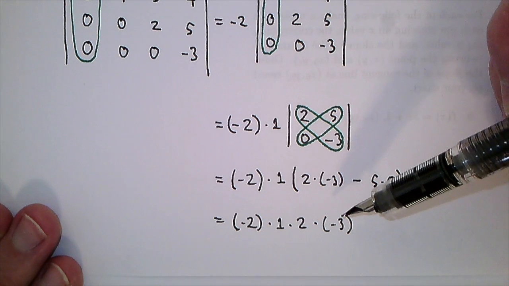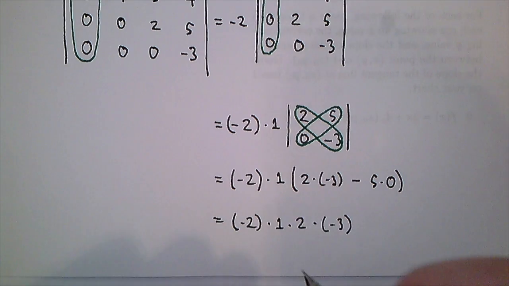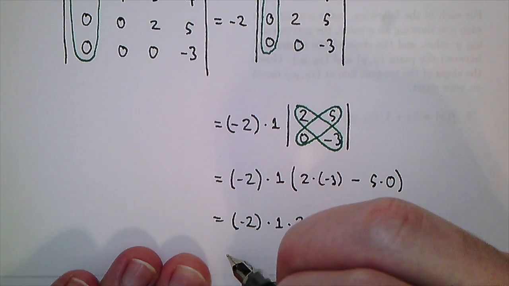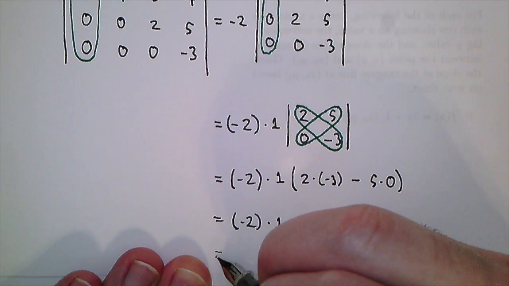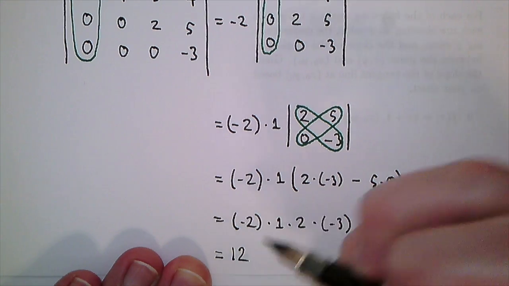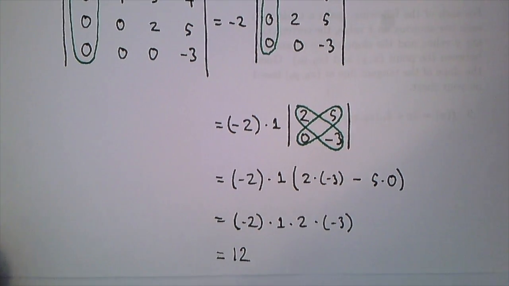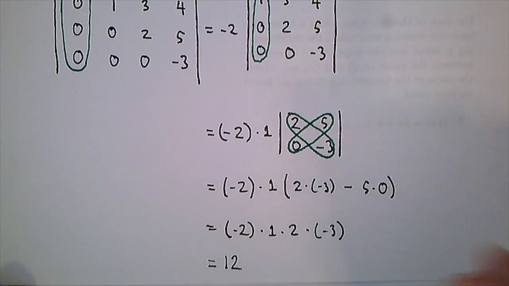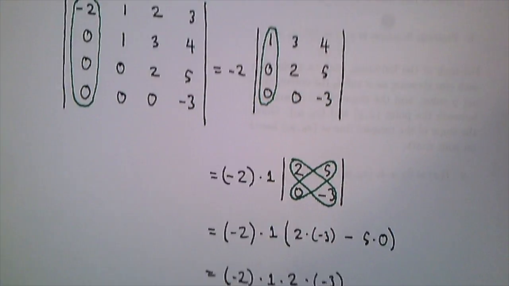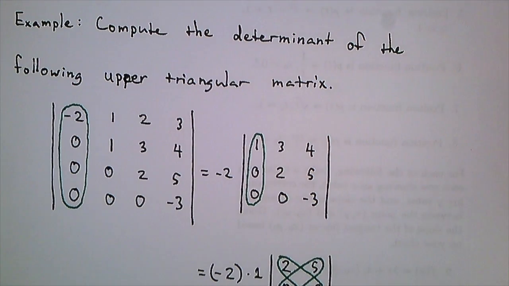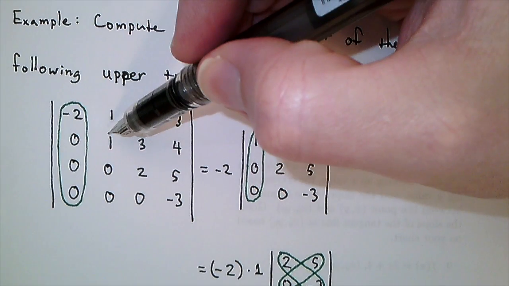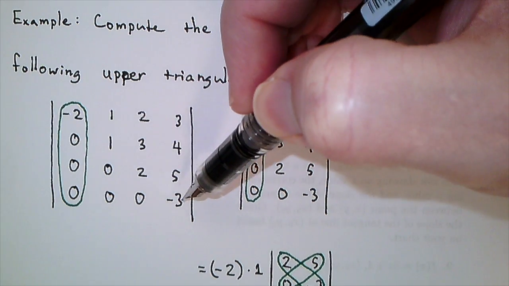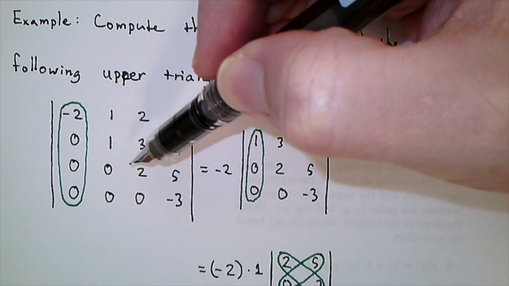So overall, the determinant is 12. And also, we should notice what numbers are in our product, because they're exactly the same numbers that showed up on the diagonal of our triangular matrix.